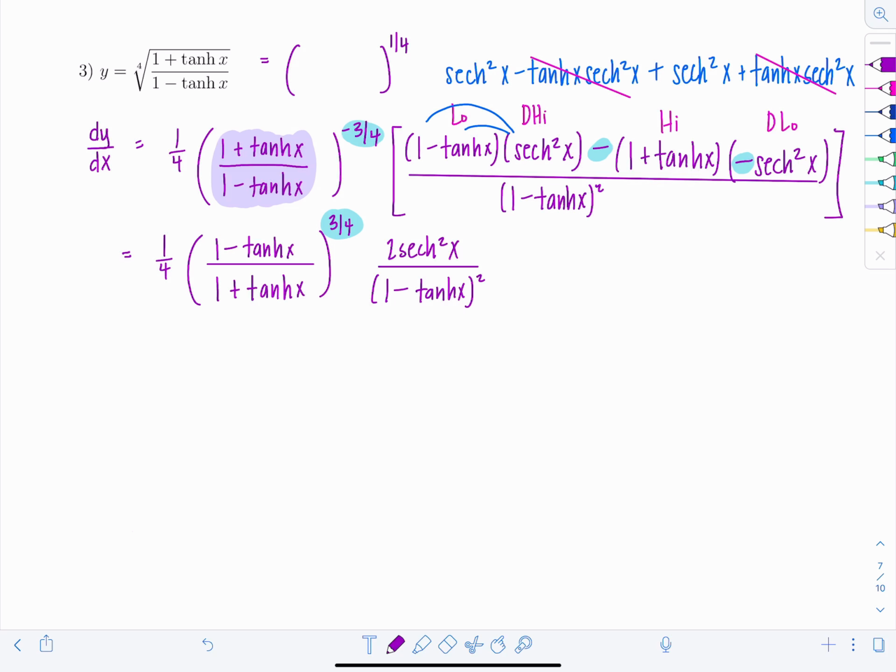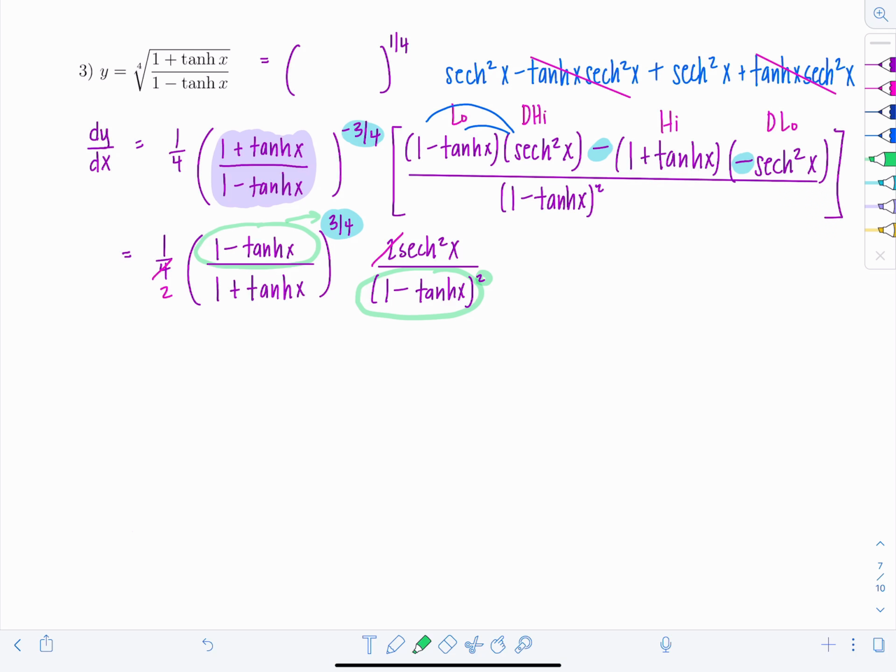Whew, what a relief. Okay, what else can I do? I'm just having so much fun canceling. Okay, so the 2's gone, and now this 4 becomes a 2. And then notice actually, ooh, this is cool. So this is (1 minus tanh of x) squared, and this is (1 minus tanh of x) to the 3/4. So I can combine those and cancel out the 3/4. Yes.